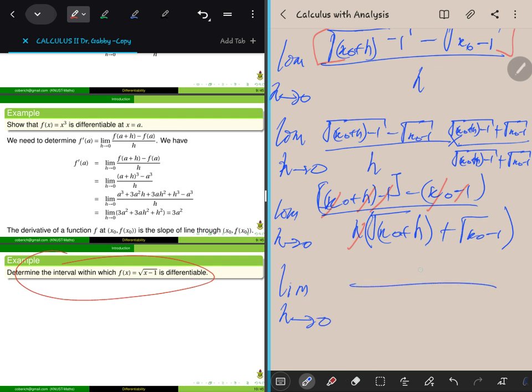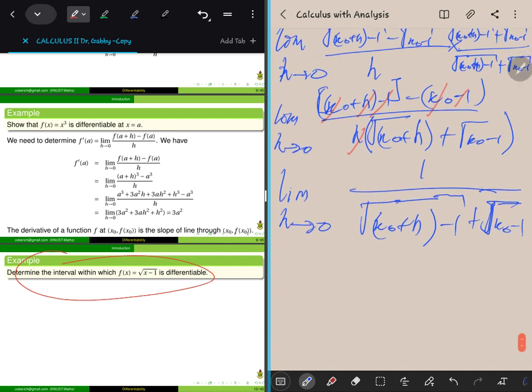So we end up getting just 1 over everything here, minus 1, and then we get this one. And now everything has been taken out clearly. So now that h is approaching 0, this is what we end up getting.